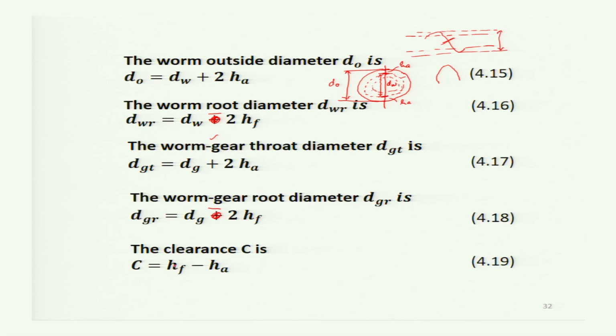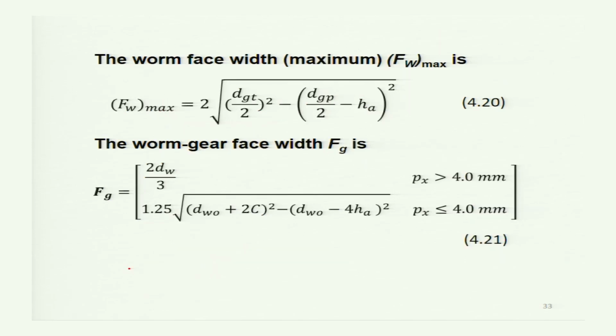The clearance is HF minus HA, the dedendum of your gear and the addendum of the mating gear. This is the clearance.